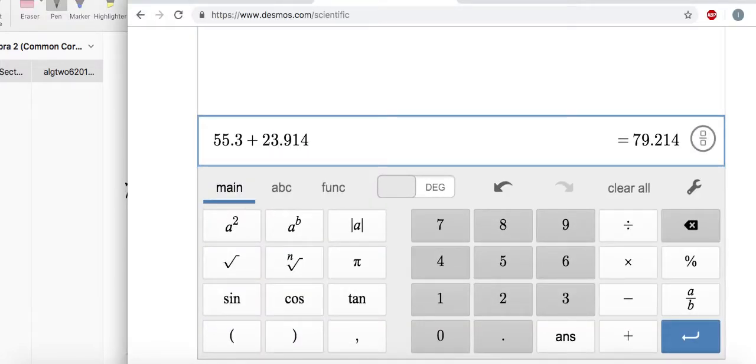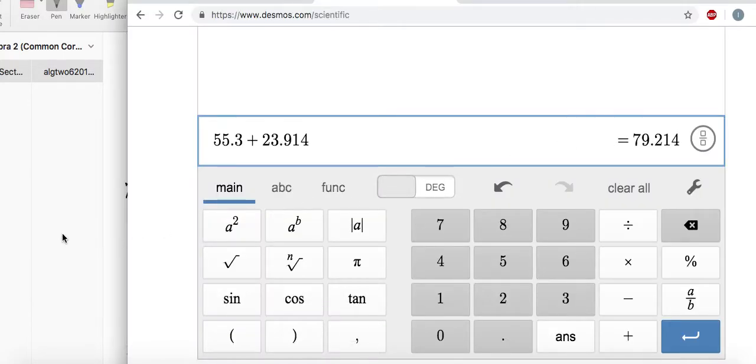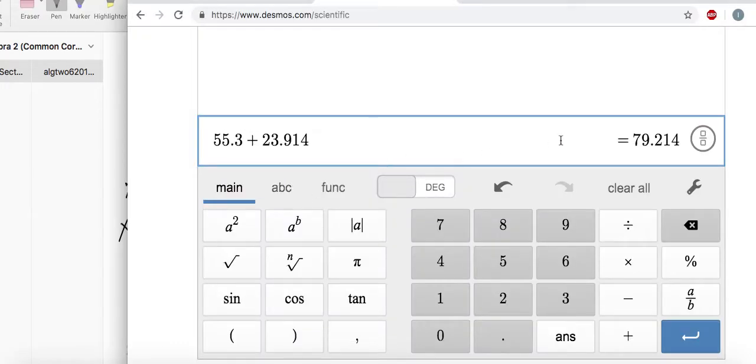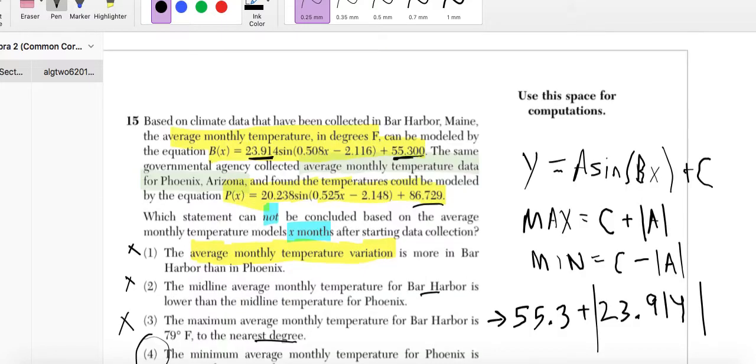It's 79.214 degrees, and I'm going to make sure I use the right, yes, and that rounds to 79 degrees, because it said the maximum is 79 degrees to the nearest degree, and it is. And remember they said which one cannot be concluded? So this rounds to 79, so to the nearest degree, it is 79 degrees Fahrenheit, and by elimination, we have choice 4. And I like to write the choice number here too.